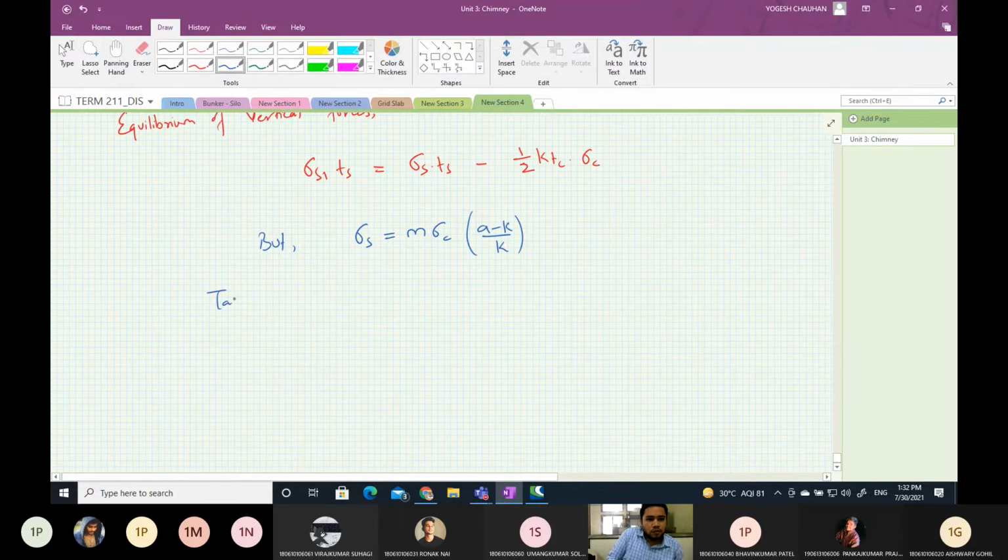Now taking, assuming P is equals to percentage of steel in the section.